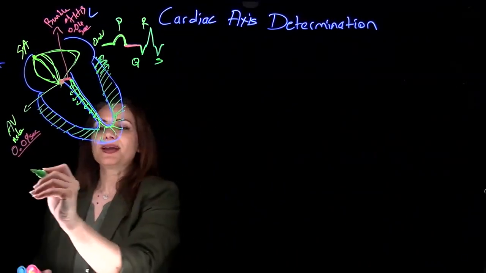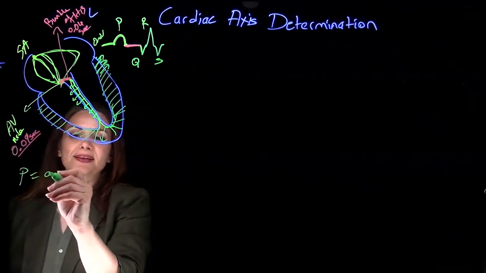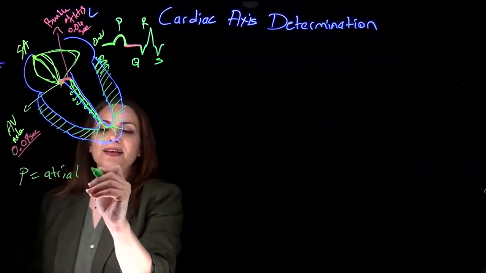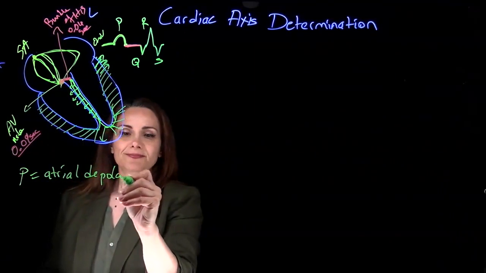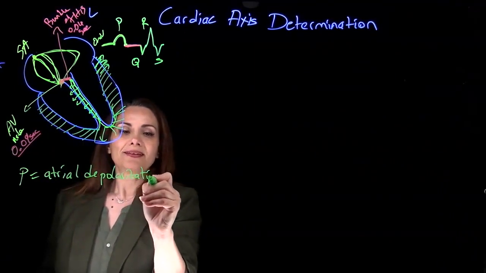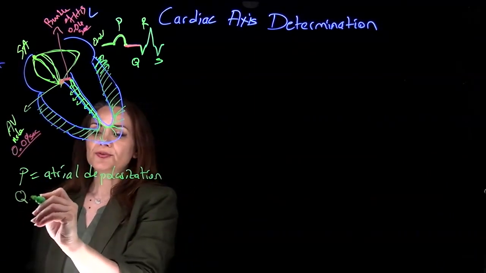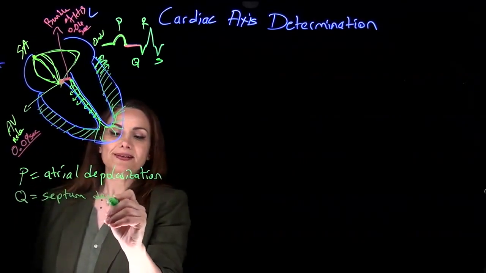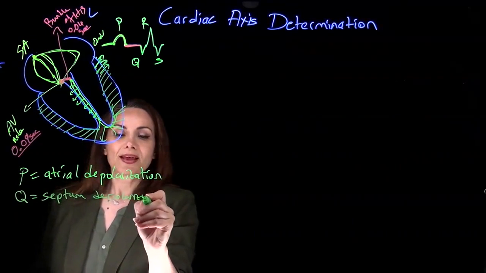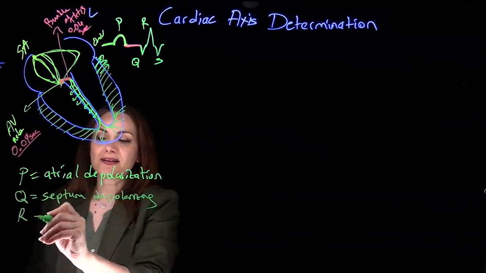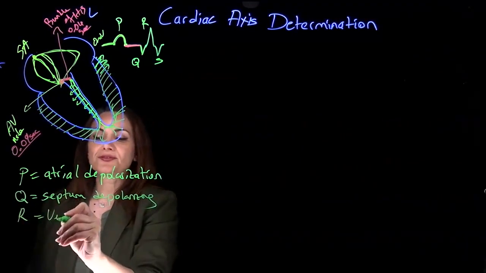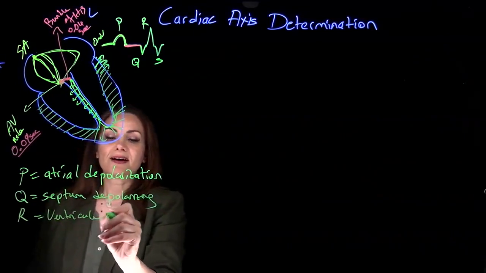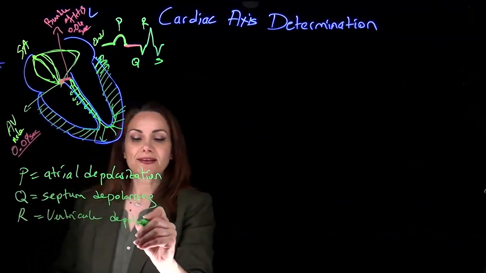So again, the P wave is the atrial depolarization, and our Q is the septum depolarizing, and R is the ventricles depolarizing.